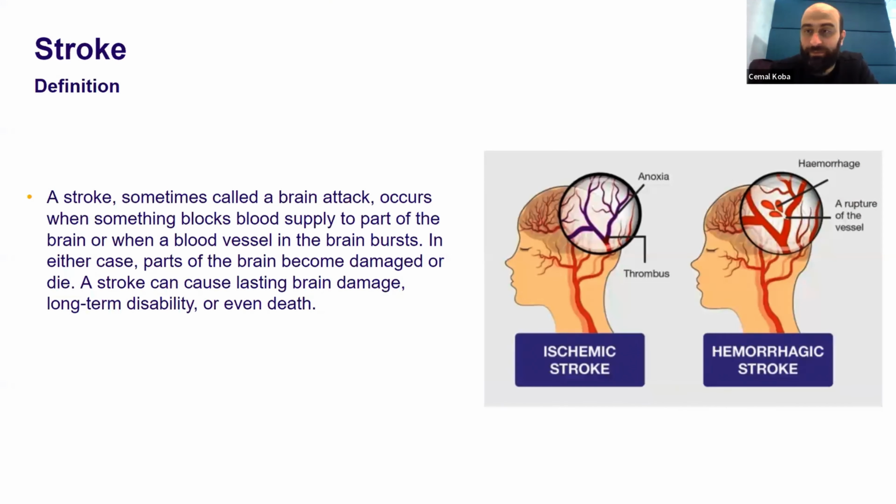To make a quick description, stroke occurs when blood supply to arteries is blocked. Generally, it is due to the lack of oxygen. And due to this lack of oxygen, brain tissue can be damaged, and it can die in a very short amount of time.